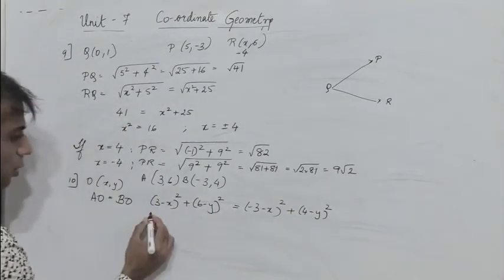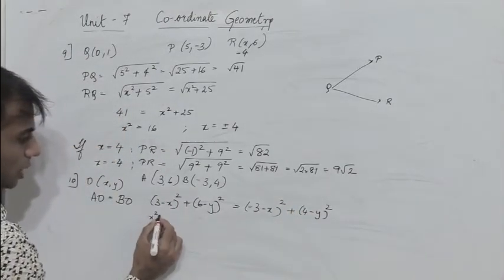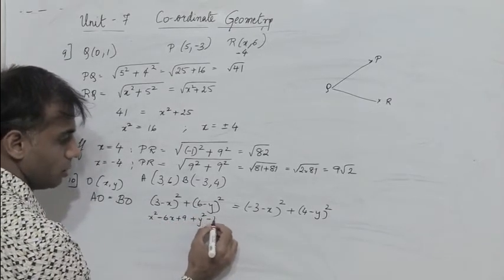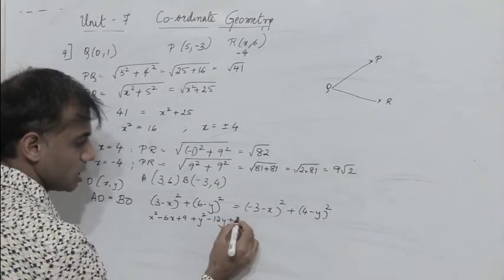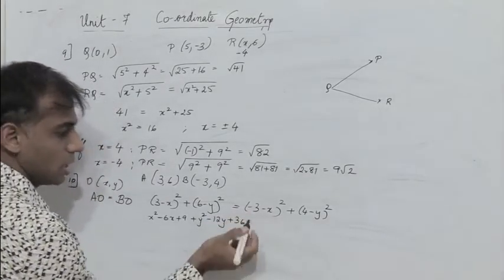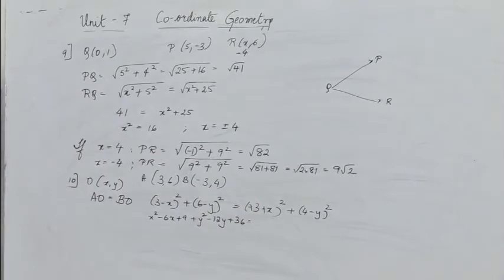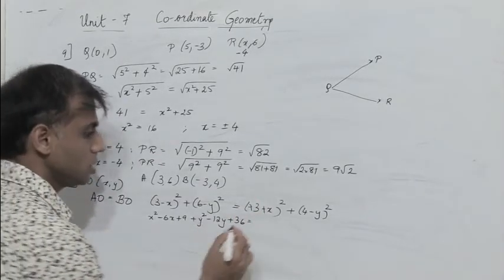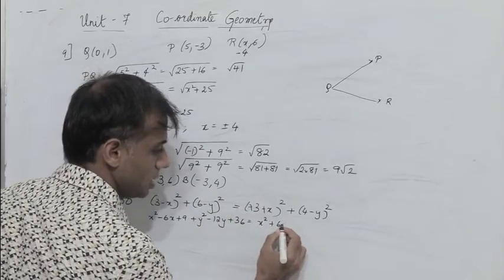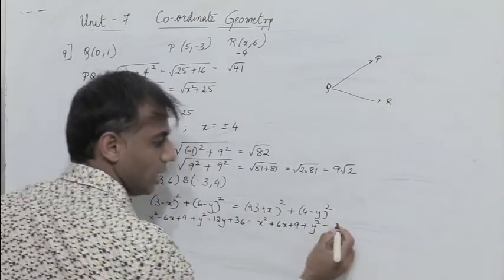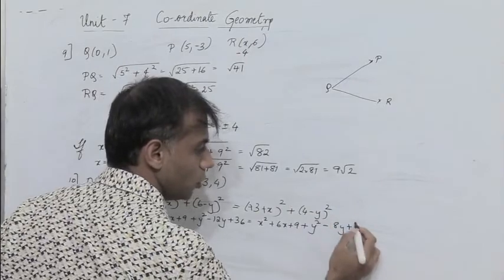Now taking the square, we have x squared minus 6x plus 9 plus y squared minus 12y plus 36. This is nothing but (3 plus x) the whole squared, because I have a minus sign common here.